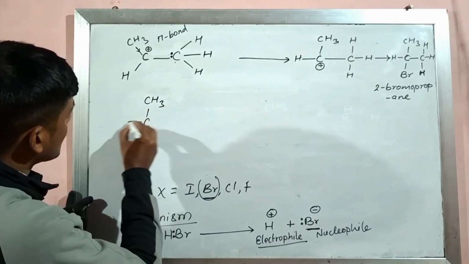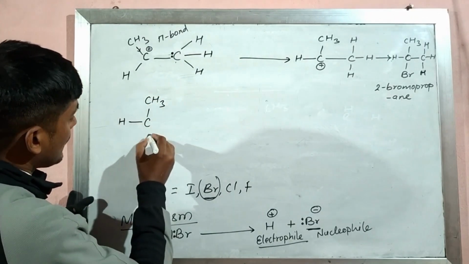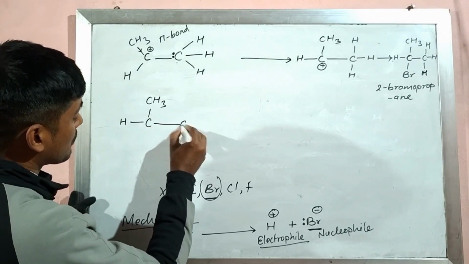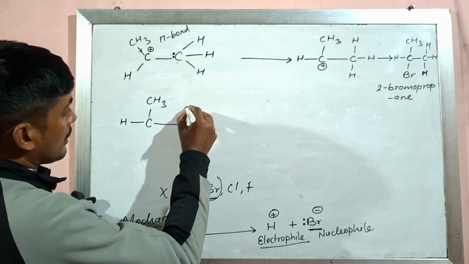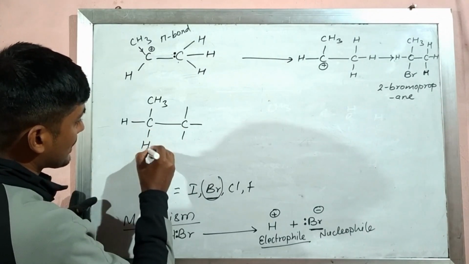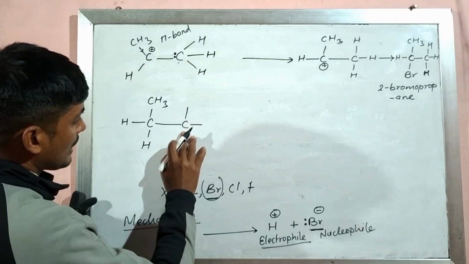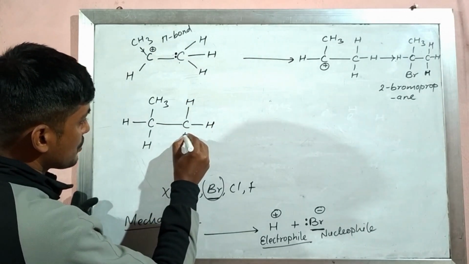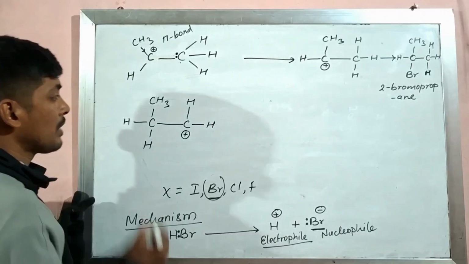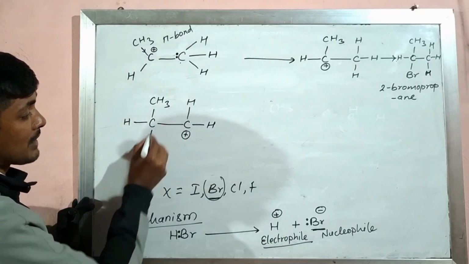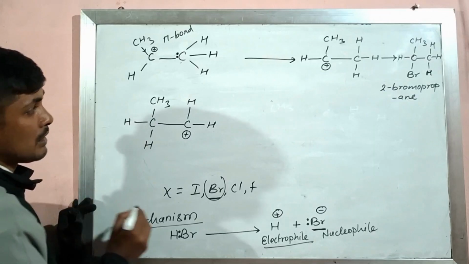The electron from this methyl group may shift towards this carbon also, due to which the hydrogen may get attached here, and this carbon will change into a carbocation after the shift of electrons, and the hydrogen will attack this carbon.